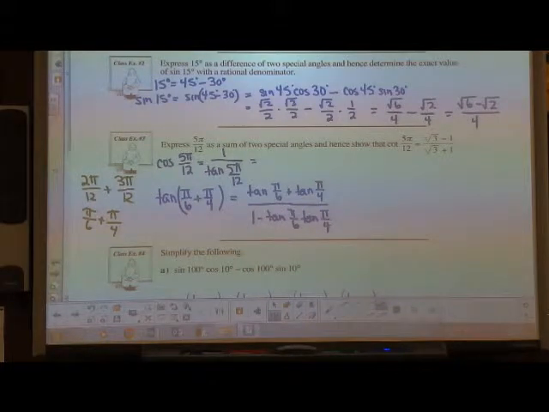So what is tan pi over 6? Root 3 over 3.